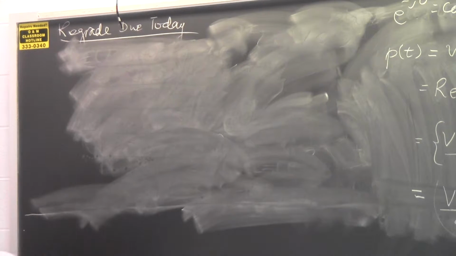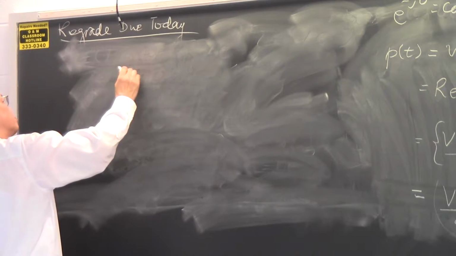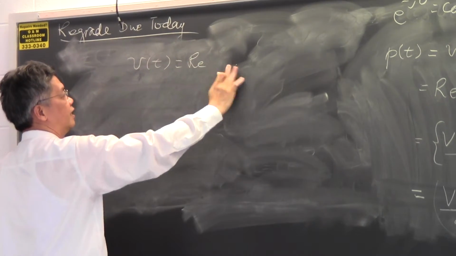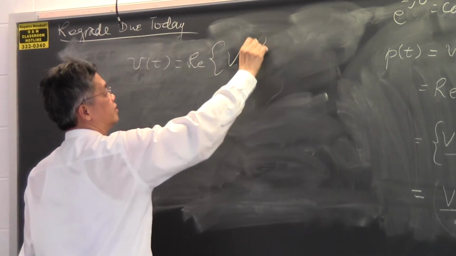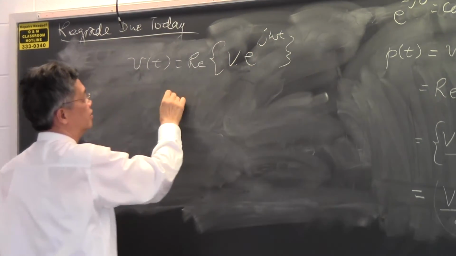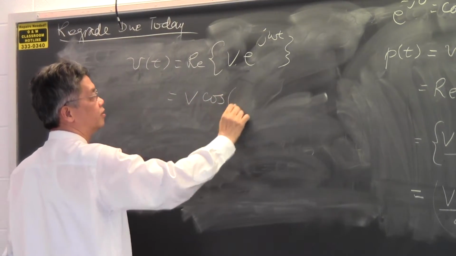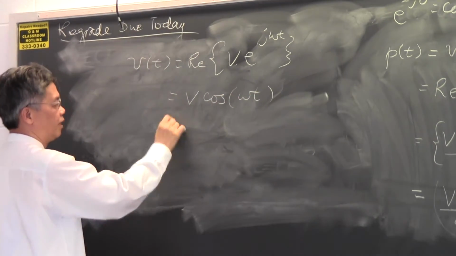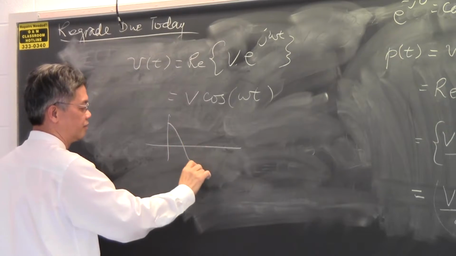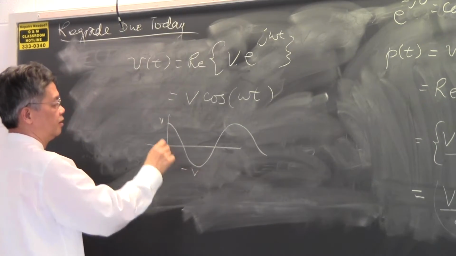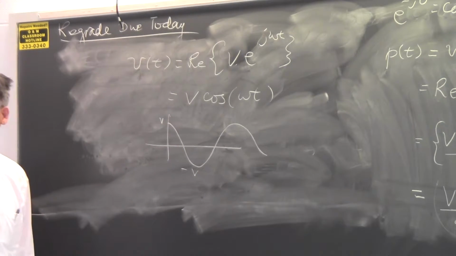Because if you have a signal defined by e to the j omega t, and this is purely real, then you have V cosine of omega t. If you plot this thing, it looks something like this, and this is V, this is minus V. So this V is the peak voltage, sort of.